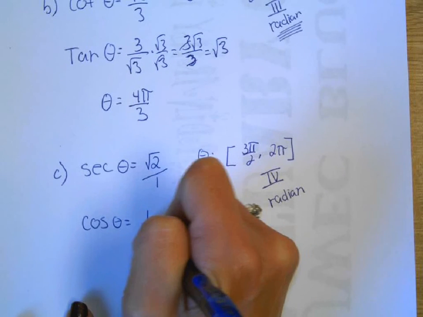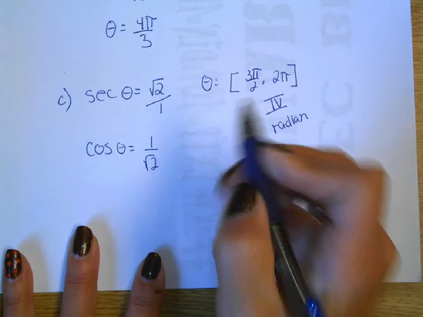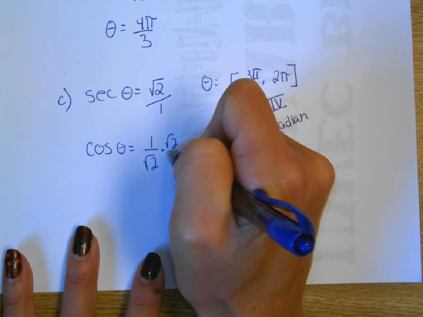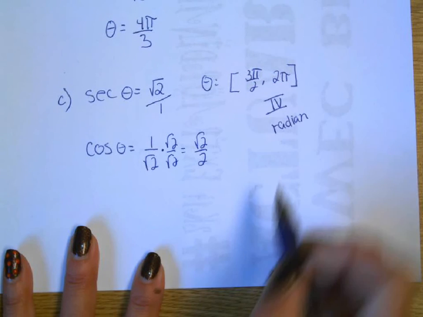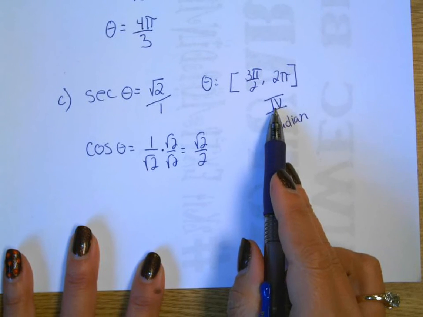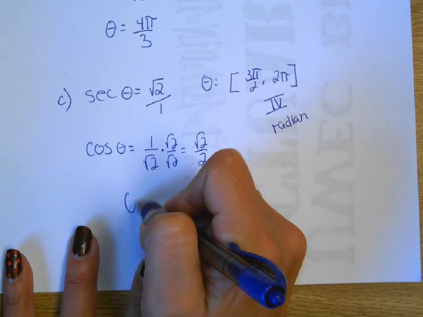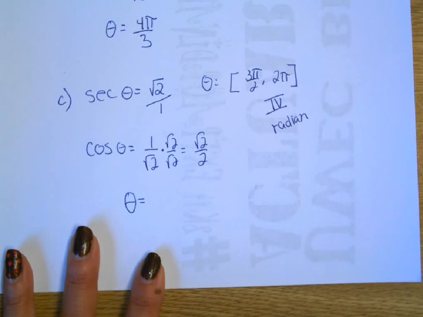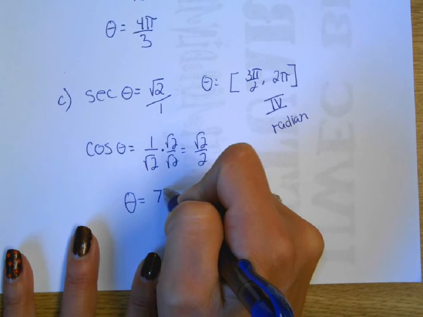Cosine equals 1 over square root of 2, but I'm not going to find that on my sheet. I've got to hit it with a square root of 2 over 2. So I'm looking in the 4th quadrant for the cosine to equal square root of 2 over 2. Which would be 315. I want a radian. 7 pi over 4. Right.